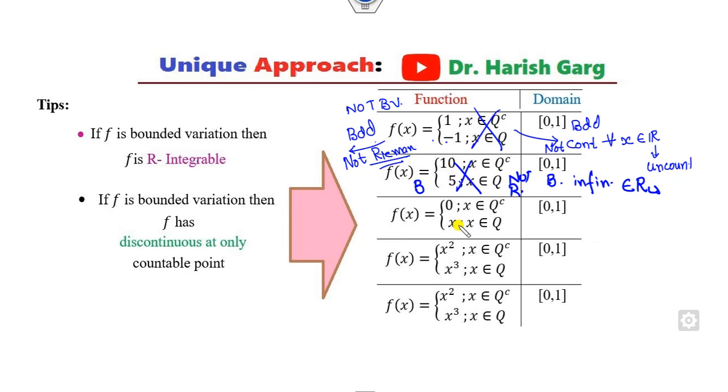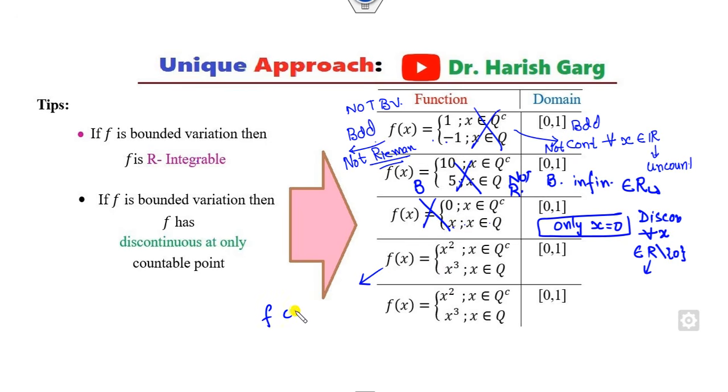The function is continuous only at x equal to 0. It means it is discontinuous for all x belonging to R apart from 0, but R is uncountable. It means it is not Riemann integrable. It is not bounded variation. Look at this one.